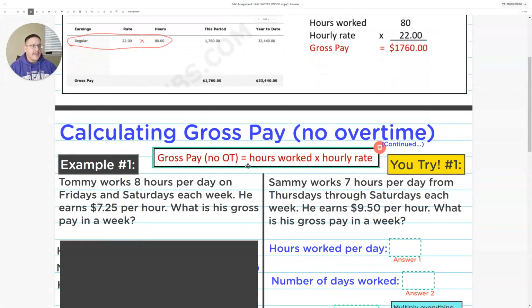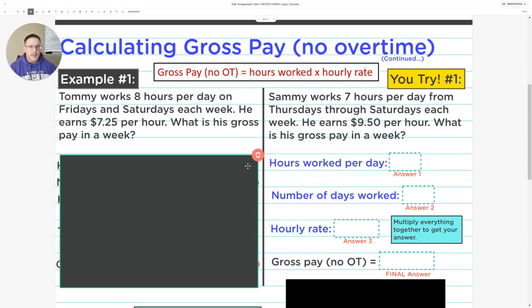Okay, now let's look at an example. It's a little bit more involved. Example 1, Tommy works 8 hours per day on Fridays and Saturdays each week. He earns $7.25 per hour. What is his gross pay in a week? So, Tommy, we know, works 8 hours per day.